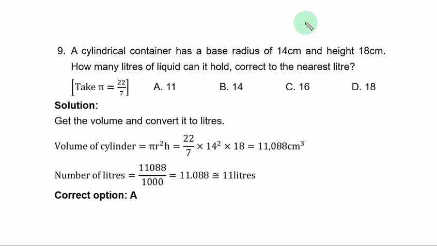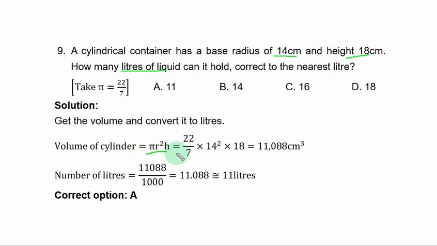Question 9. A container in form of a cylinder has a base radius of 14 cm and height 18 cm. How many liters of liquid can it hold correct to the nearest liters? You have to find the volume of the container in cube centimeters, divide it by 1000 to convert it to liters. Volume of cylinder is this.